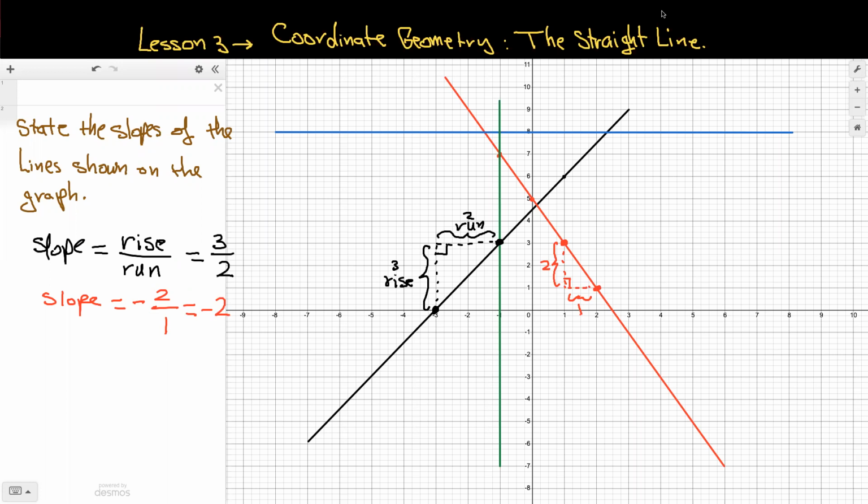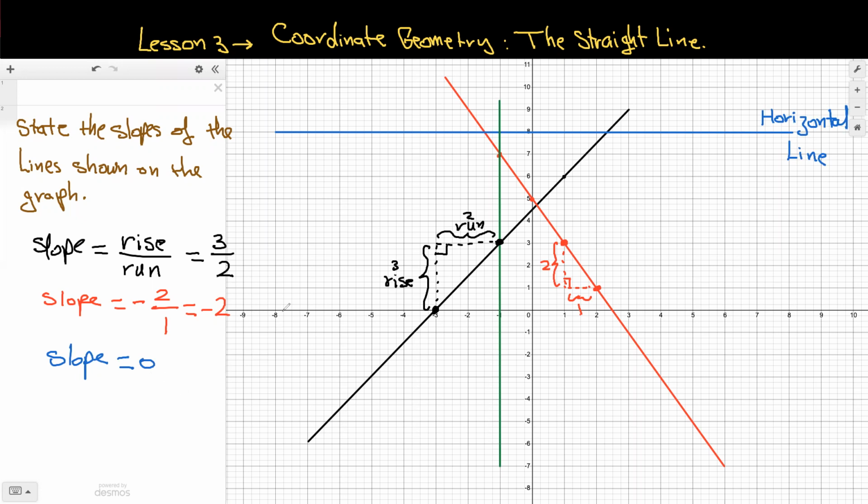Okay, now we'll go to the blue line, the slope of the blue line. The blue line is what we call a horizontal line. When you have a horizontal line, the slope is 0. You could memorize that.